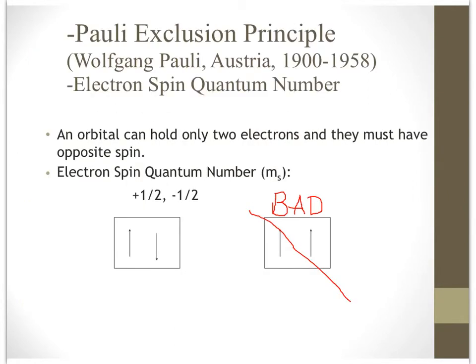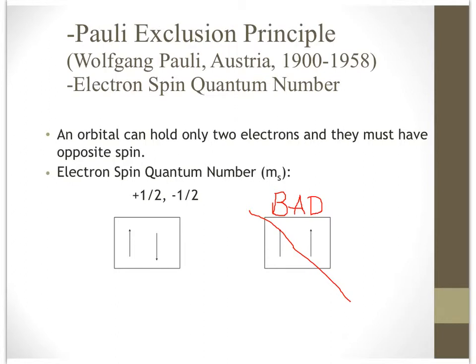So the next rule is what's called the Pauli exclusion principle, named after Wolfgang Pauli from Austria. And this refers to the electron spin quantum number that we talked about in the first video. So each orbital, each box, so S there's 1, P there's 3, D there's 5, F there's 7.